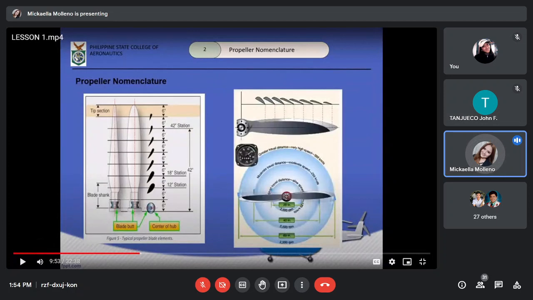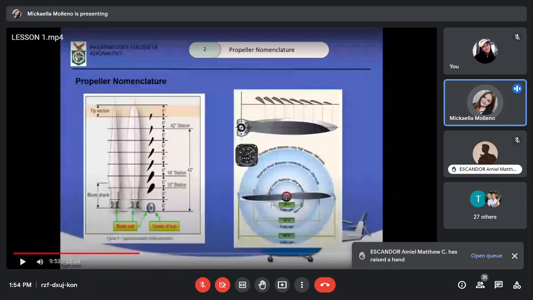Okay, does anybody have an idea kung ano ang blade station, para saan siya ginagamit? Okay, so, pero na-encounter nyo na to before? Or, Eskandor? Yes, you're raising your hand.